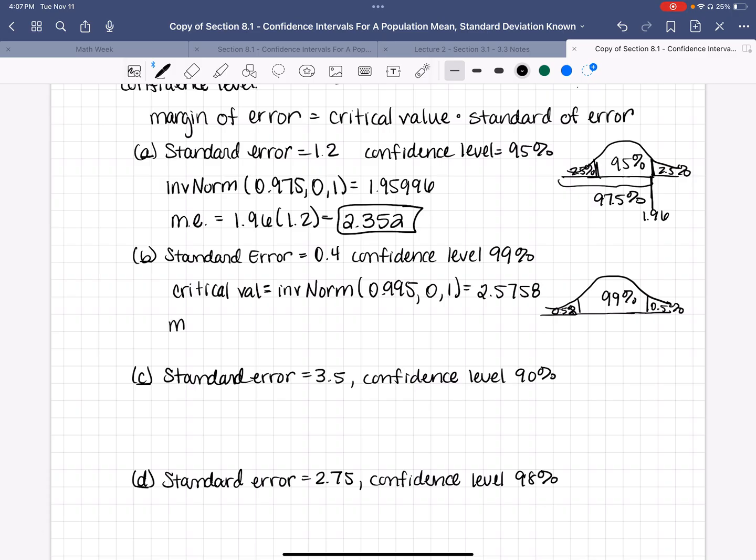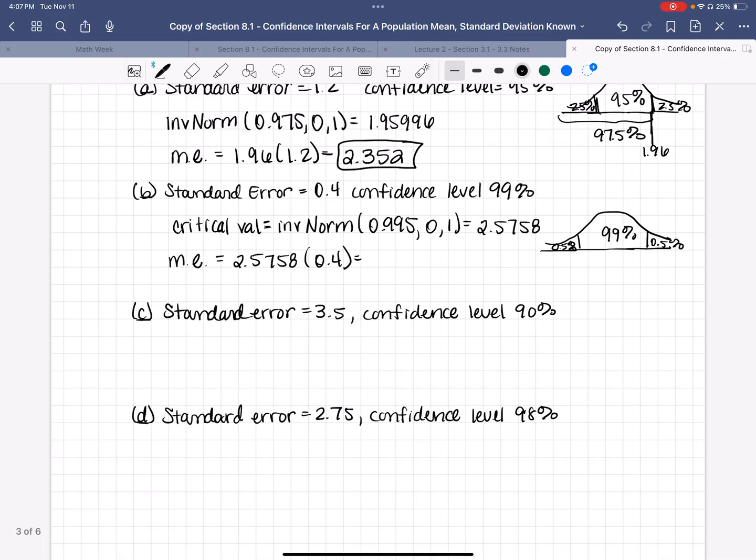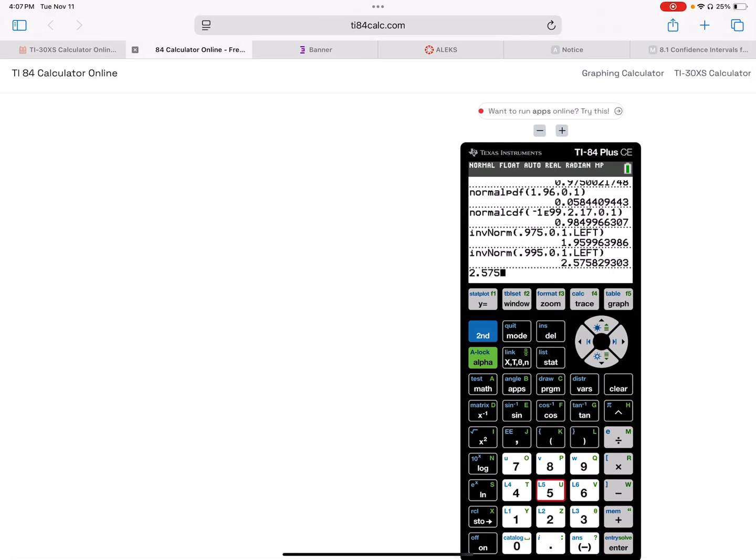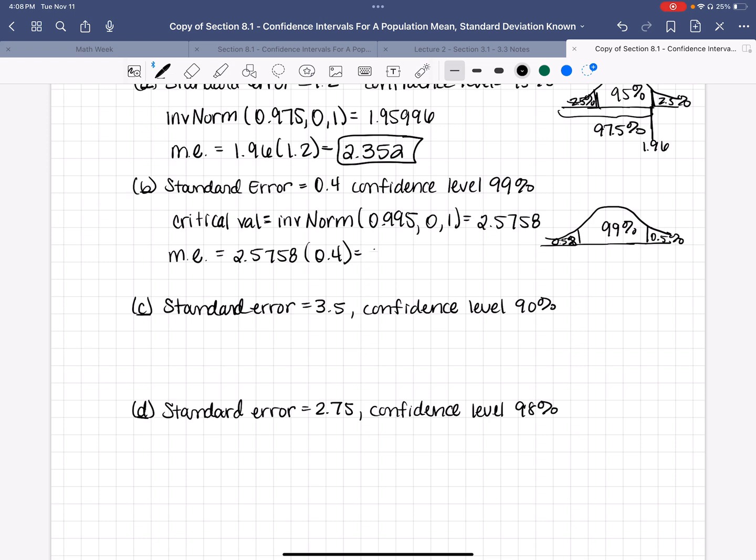Now I'm ready to find that margin of error, and that's going to be my critical value, 2.5758 times that standard error, which is 0.4. 2.5758 times 0.4 is going to give me 1.0303 for my margin of error.